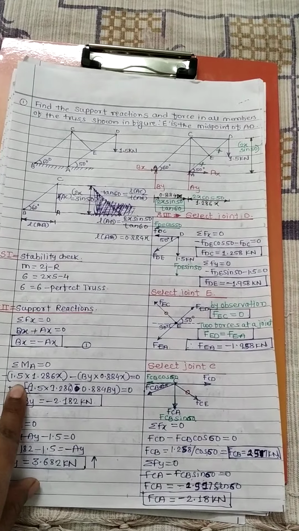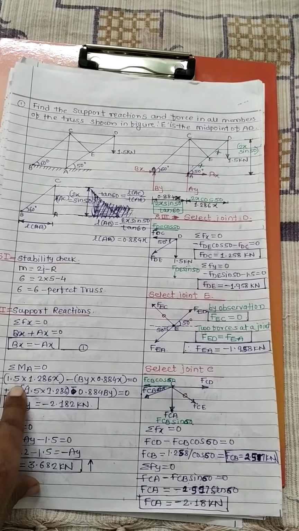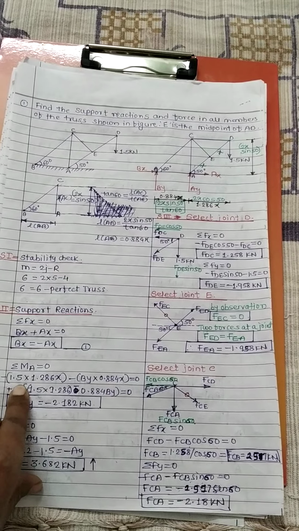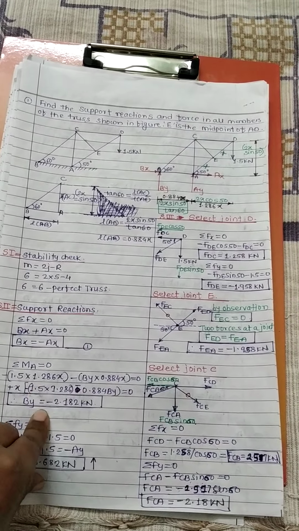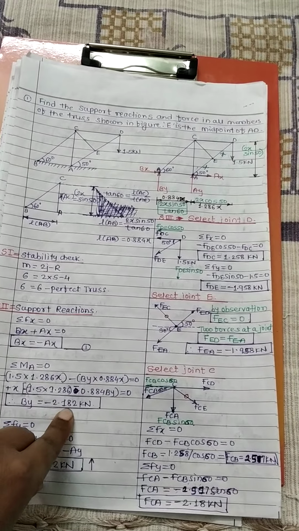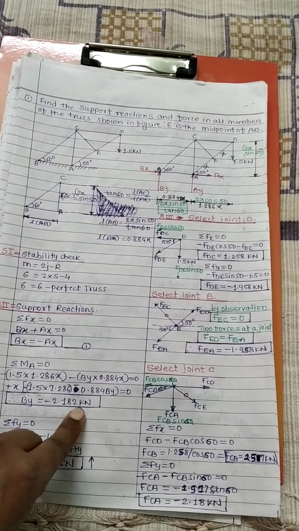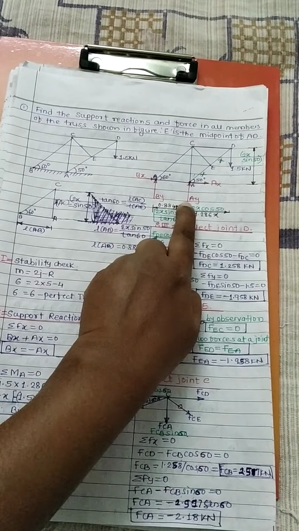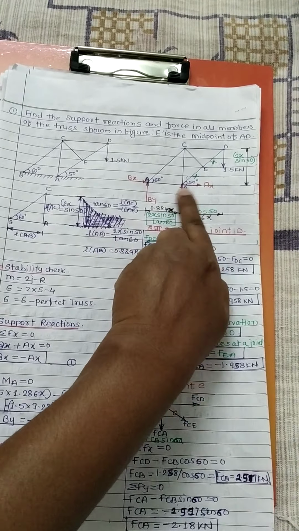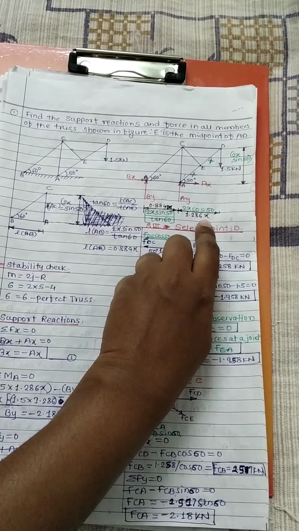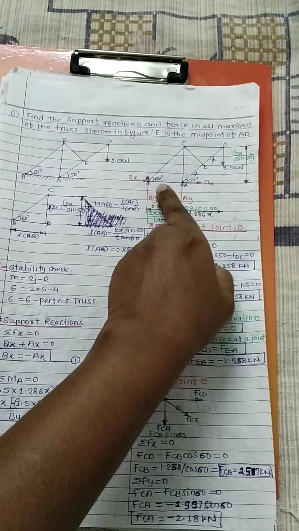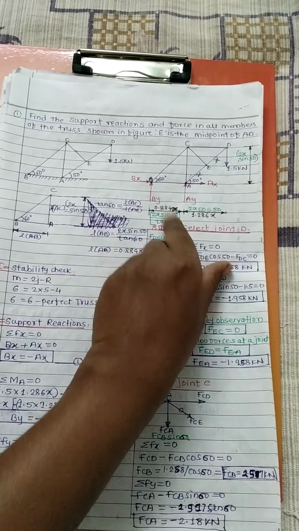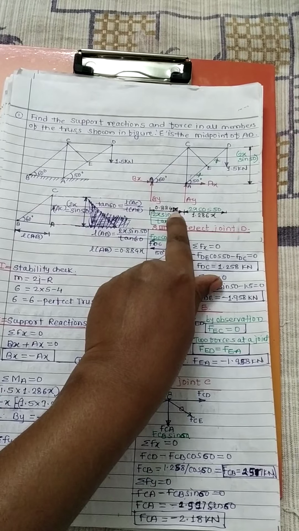Then I applied moment at point A. As I applied moment at point A, I got the equation as By equals minus 2.182 kilonewton. The dimensions are defined. At point A I took moment, so 1.5, the horizontal distance is 1.286x, and for By the horizontal distance is 0.884x.